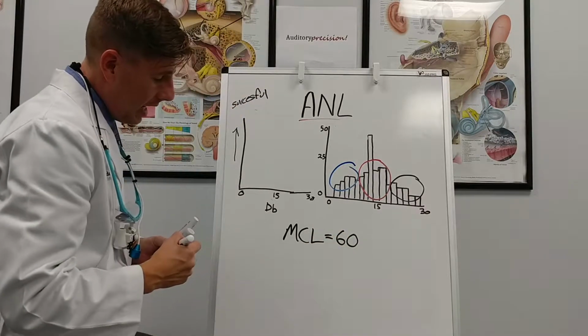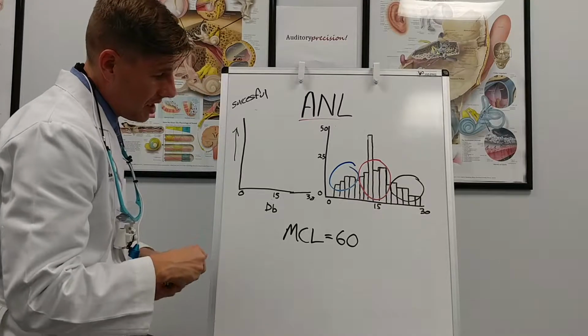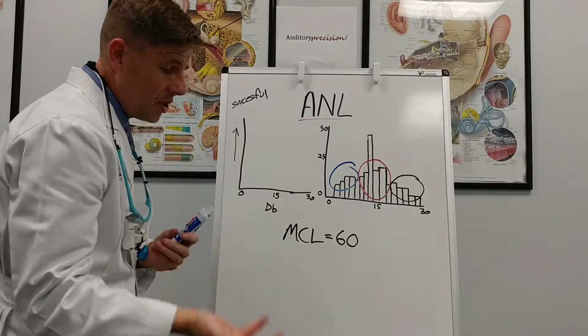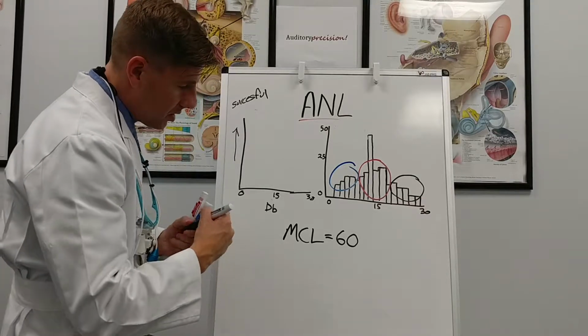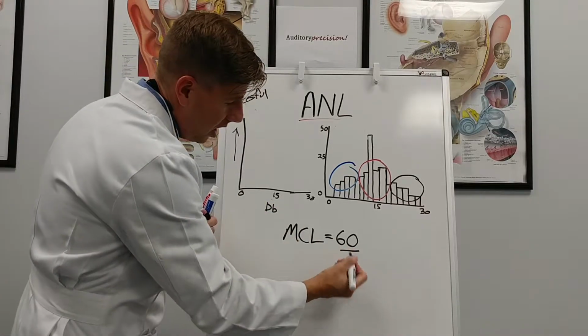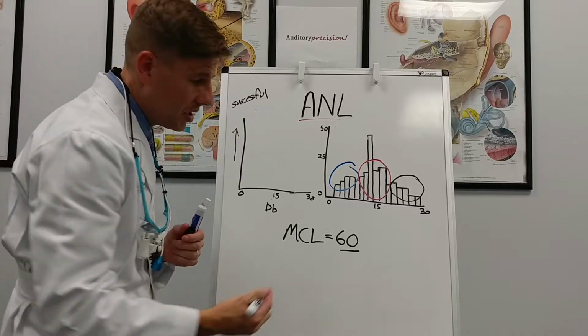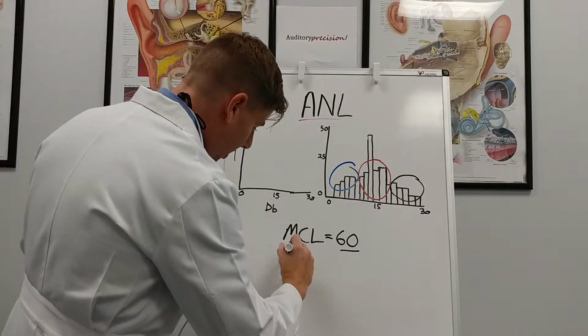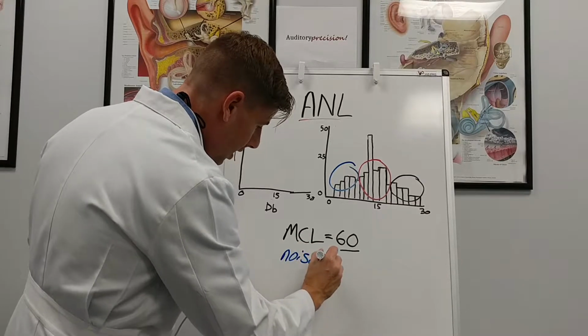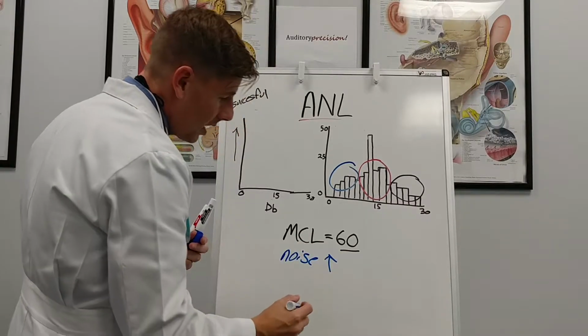Let's say my patient gets an MCL of 60. I'm going to have two speakers in the sound booth, and one speaker is going to present speech, either live by me or recorded, at 60. Then I'm going to slowly have my other speaker present noise, and I'm going to keep increasing it.